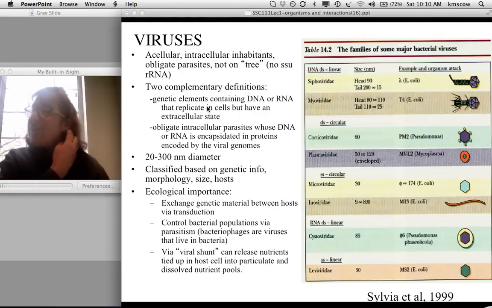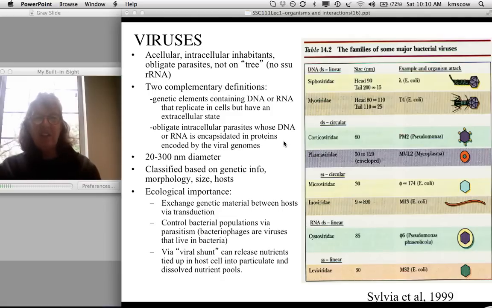Okay, and then we have viruses, so we don't want to forget about them. They're not strictly organisms, but they're, as you know, acellular, intracellular inhabitants of life forms, obligate parasites. They're not on the tree because they don't have small subunit ribosomal RNA.